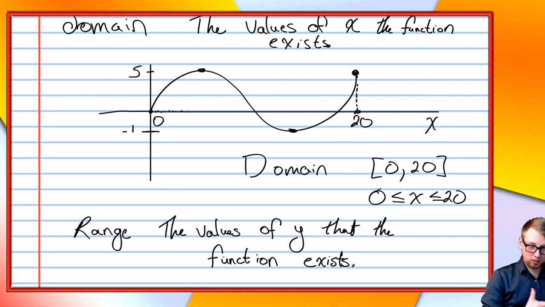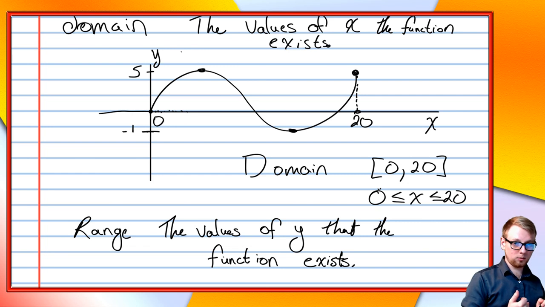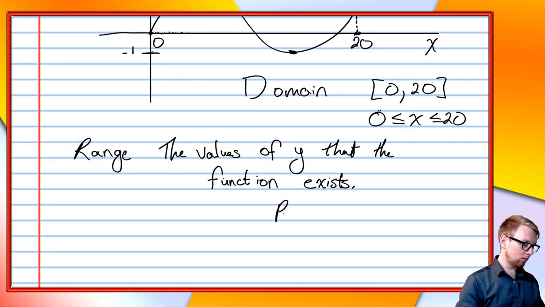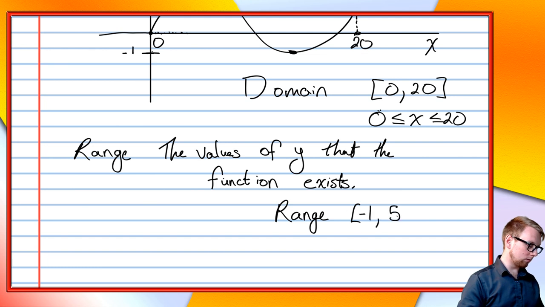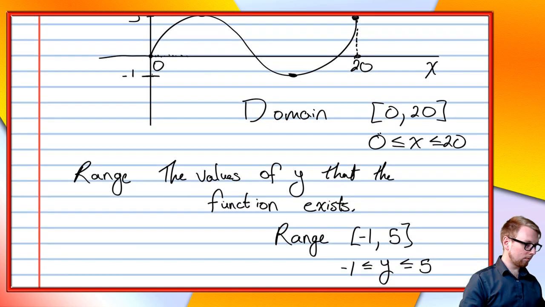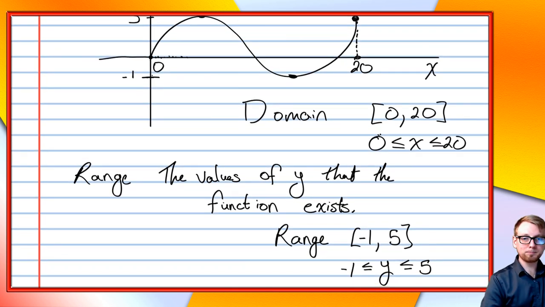So for this one, remember this is our y-axis, well, this graph only has values between -1 and 5. So the range would be between -1 and 5. Or if you write it differently, -1 is less than or equal to y is less than or equal to 5. See how that works?